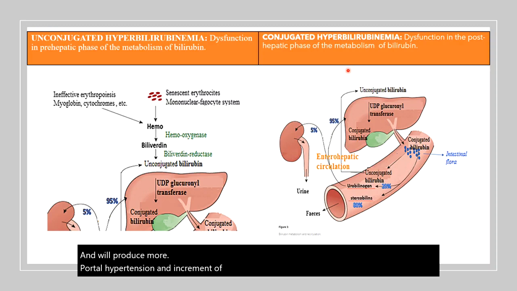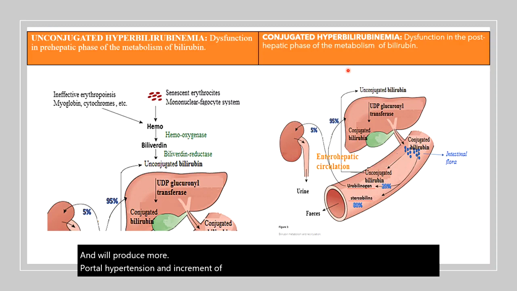The pre-hepatic phase is when the heme group coming from the dying of the erythrocytes in the mononuclear phagocyte system, right, they digest. Erythrocytes are dead, and we're going to have heme and globin from the hemoglobin that will transform into biliverdin.